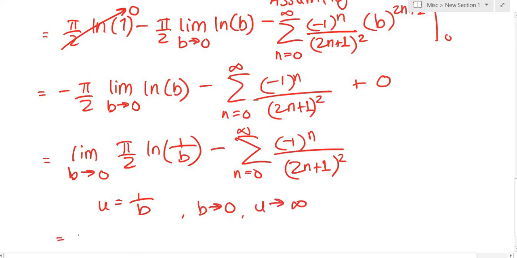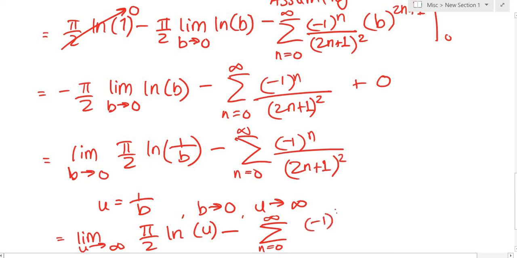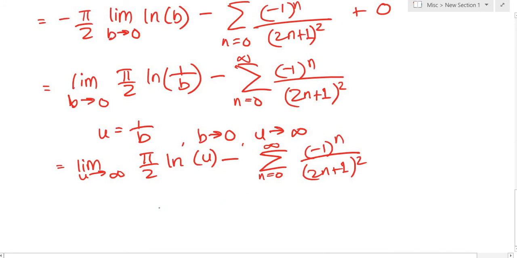So in the end we're going to have the limit as u approaches infinity of pi over 2 times the natural log of u minus this infinite series, from n equals 0 to infinity of negative 1 to the n divided by 2n plus 1, entire thing squared. Now this was basically our j, whatever we had defined originally.